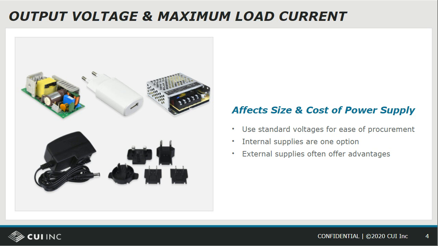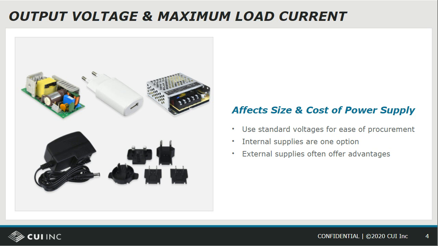Something else that affects the choice of supplies is the power or load current rating, and that affects both the size and the cost of the supply, and it affects both the internal or an external supply in a similar manner. The supply needs to be selected for peak load power or current delivery capability. Some examples of loads that have unusually high peak currents may be motors during their startup, or capacitors when they're being charged.